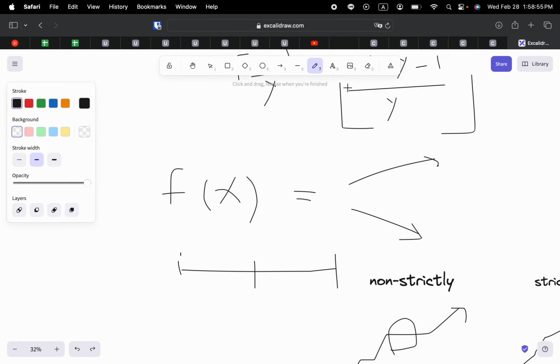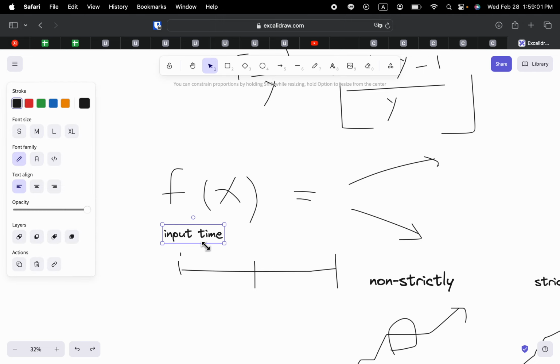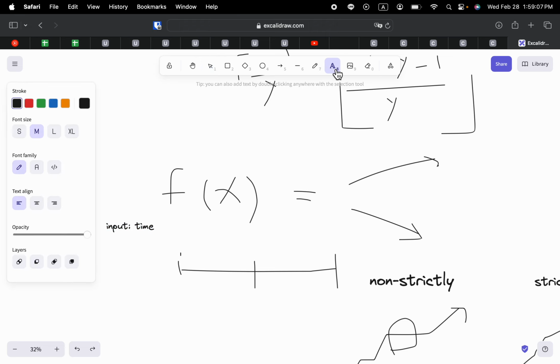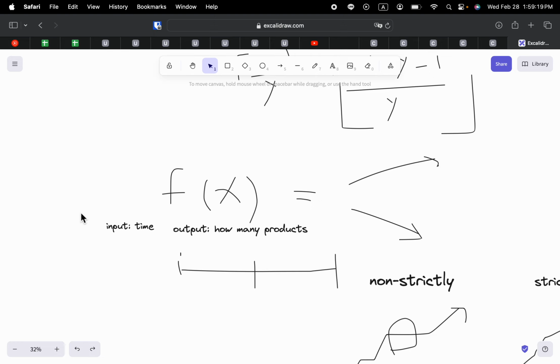So here f, you input time, and the output is how many products.